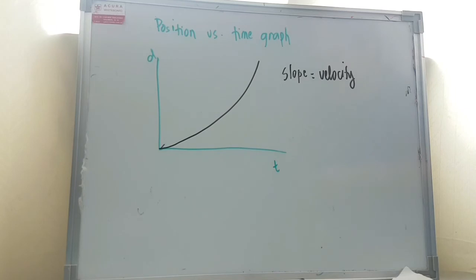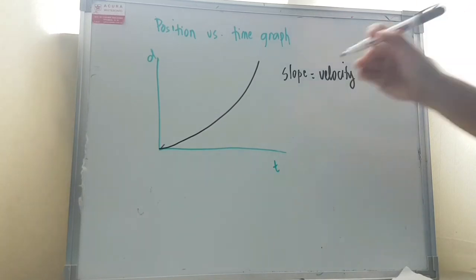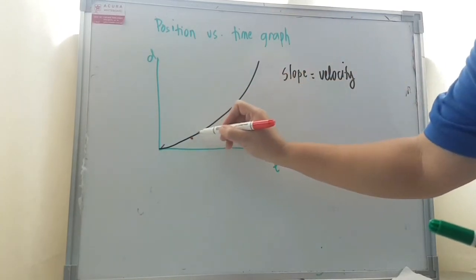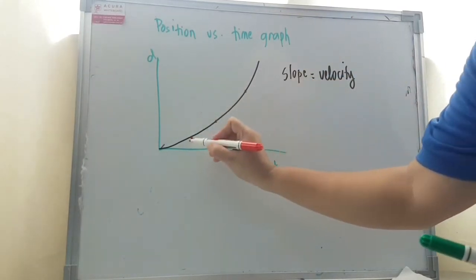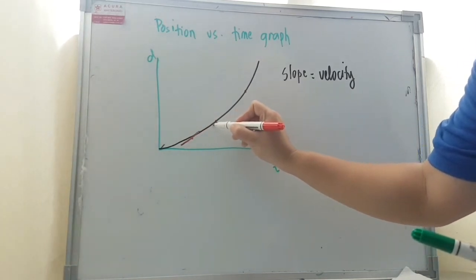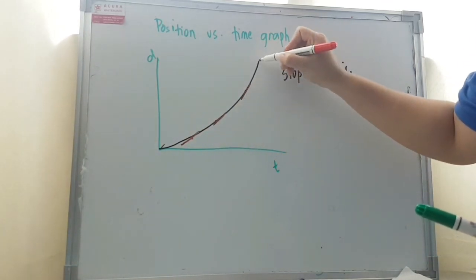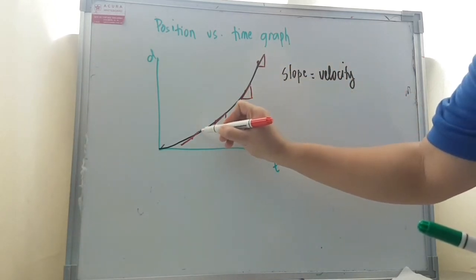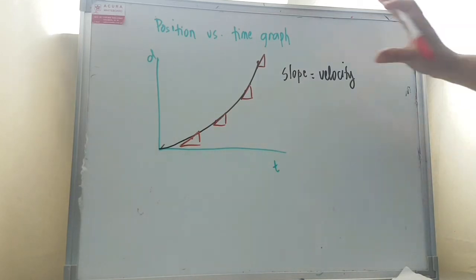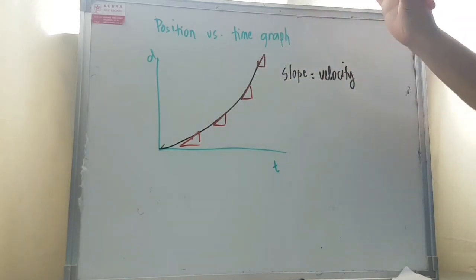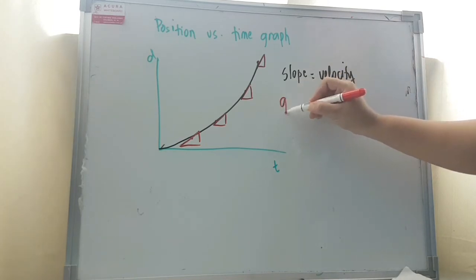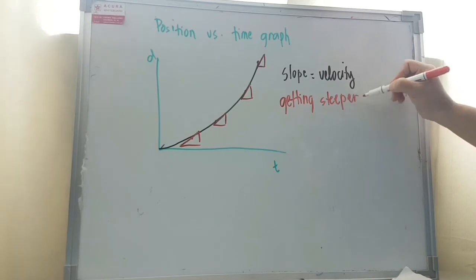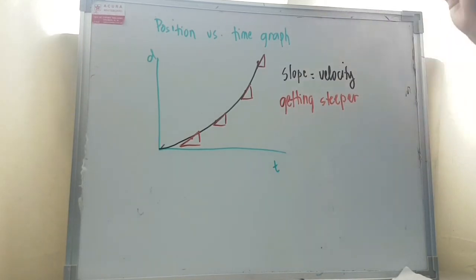So analyzing the slope of this graph, if we look at a point tangent to the graph here, and then take a look at its slope, you can see here that the slope is actually getting steeper. So that means that the slope is actually increasing.